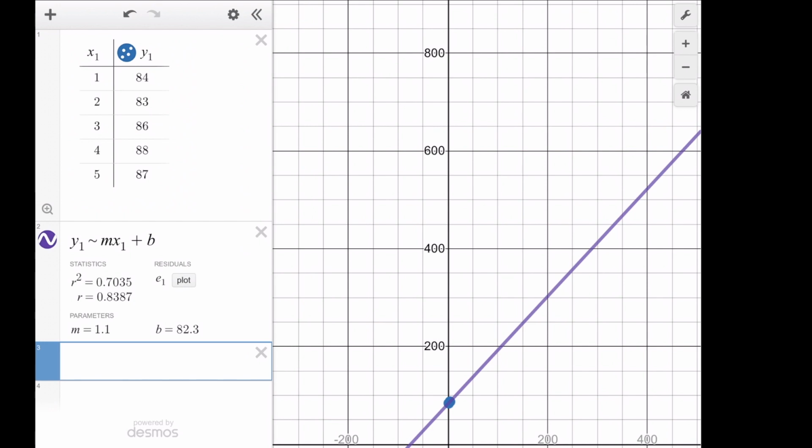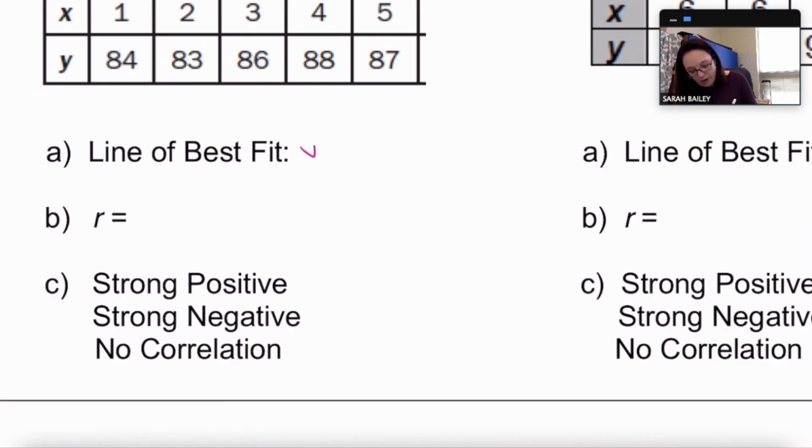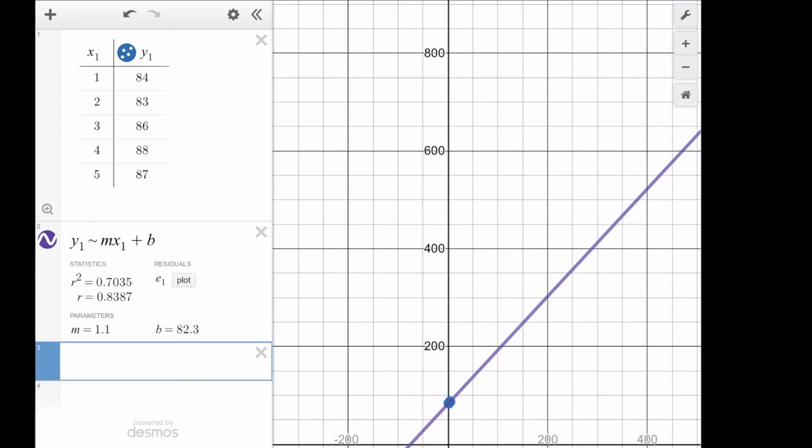Well, first let's go ahead and write down our equation for the line of best fit. So we're going to write that down. It's going to be y equals 1.1x, because remember that m is 1.1, and then plus b, which is 82.3. Then the next thing it's asking is, what does r equal? And remember, it said to round to the nearest hundredth, which means 2 numbers behind my decimal.